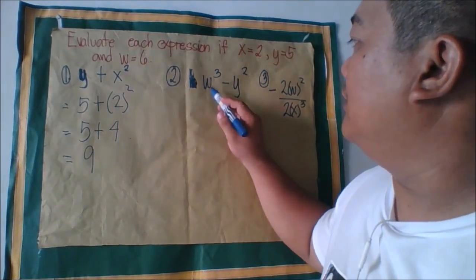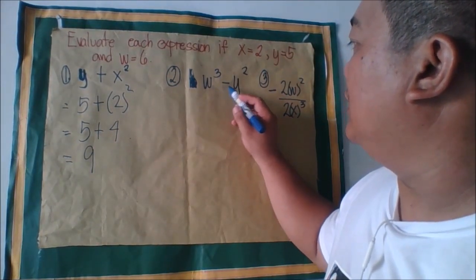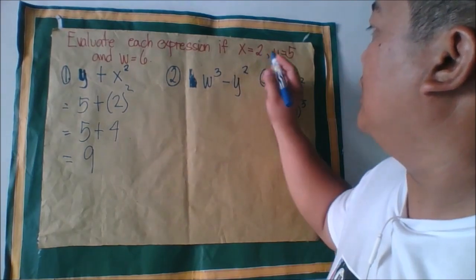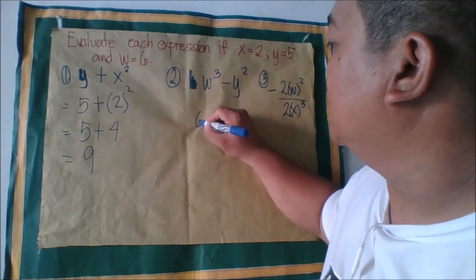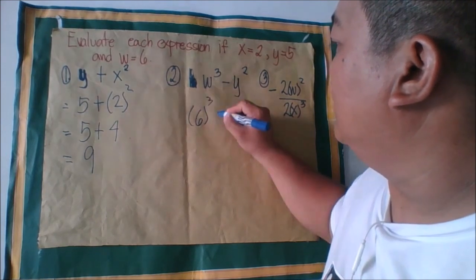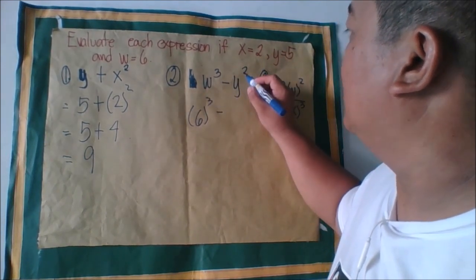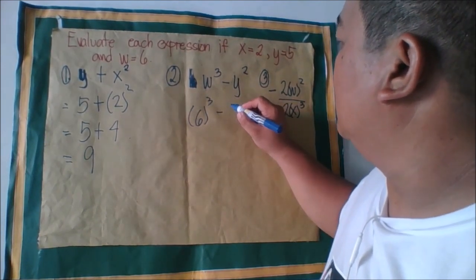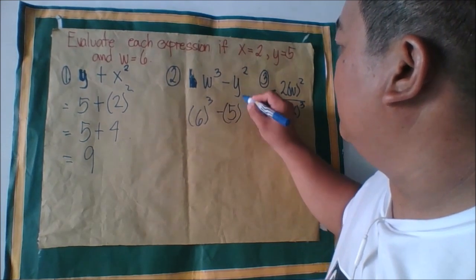Next, w to the power of 3 minus y to the power of 2. So w is equal to 6, to the power of 3, minus y, which is 5, to the power of 2.